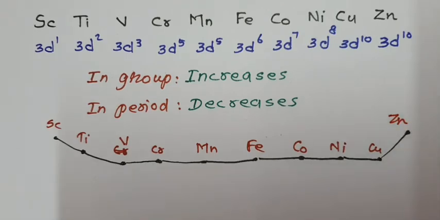Why does this trend take place? In the first case, from scandium to vanadium, what happens?